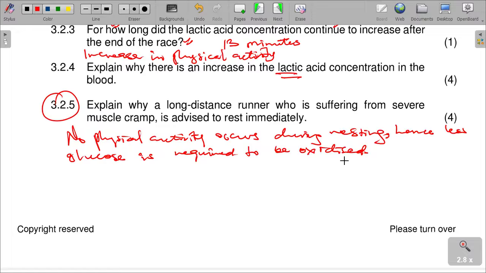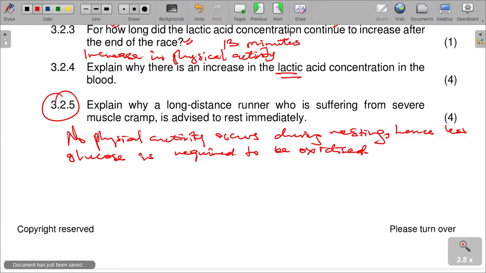So that is why the person is required to rest, to restore the balance of carbon dioxide and oxygen, enabling the lactic acid stored in the muscles to be converted back to pyruvic acid. That enables the complete process of what? Of the Krebs cycle and oxidative phosphorylation.